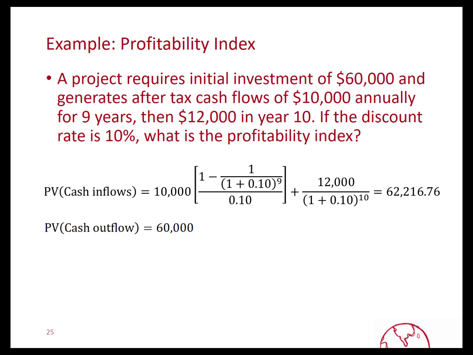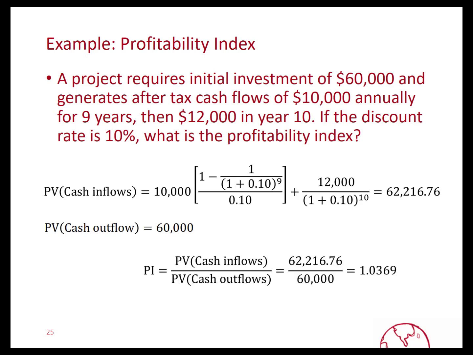All we do is compare that to the $60,000 in today's dollars that we spend upfront. As you can see, 62,000 over 60 is going to be slightly more than 1, suggesting that this project has a positive NPV. The NPV is going to be $2,216. So we're going to accept the project. It's a positive NPV.